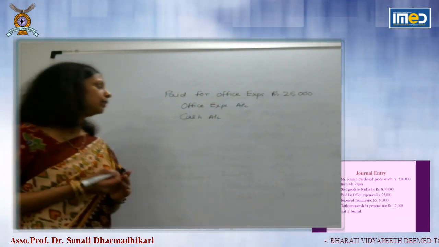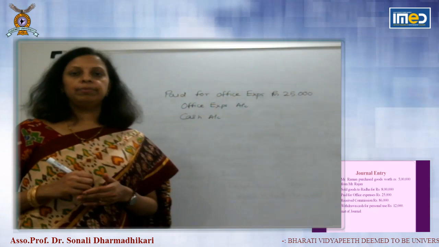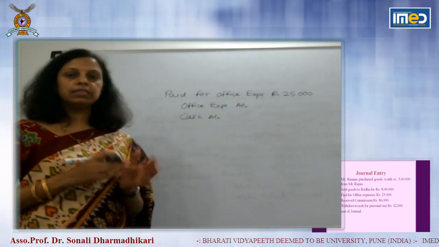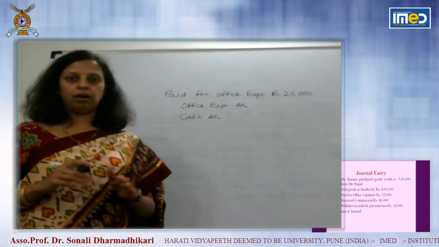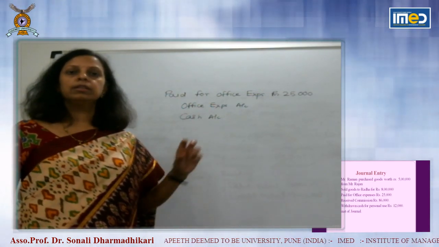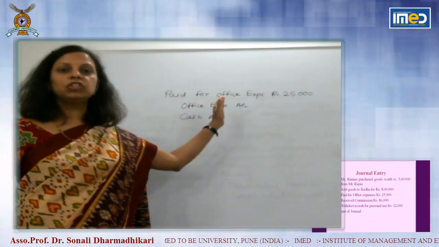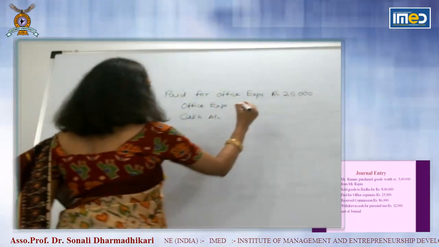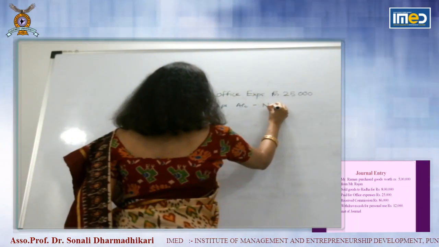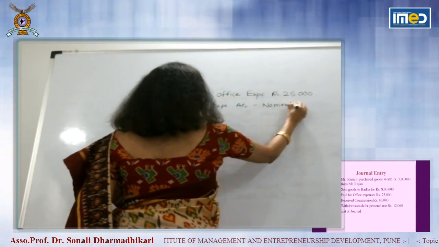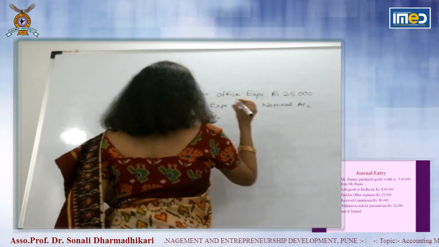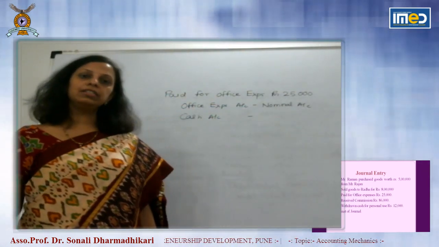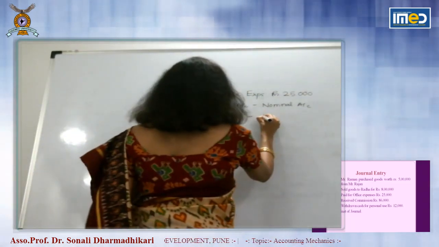Now office expenses account. Next step, classify the account. Now we have seen personal account, real account. So this is not either of those, it is a fictitious account of expenses. So it is nominal account. And as we have already seen, cash account, goods account, these are real accounts.